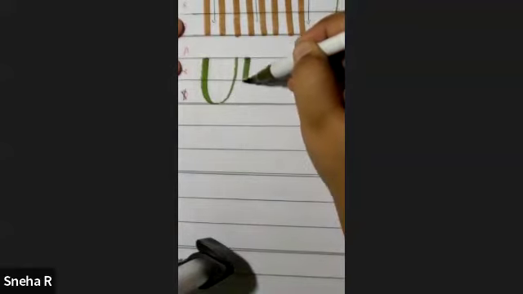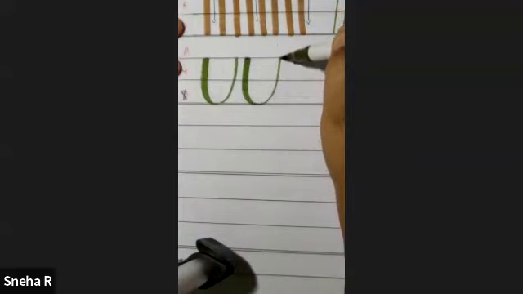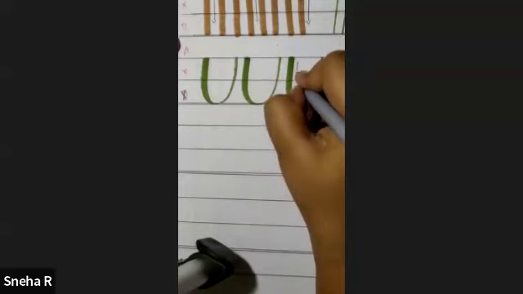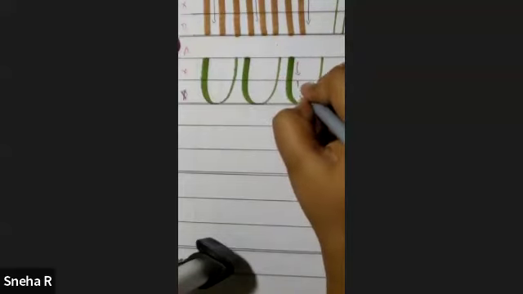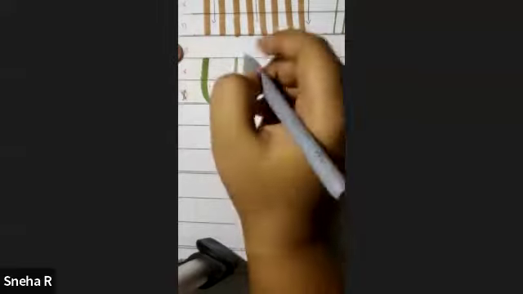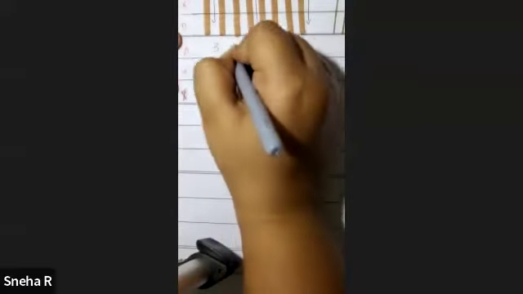Full pressure, gradual decrease in pressure, no pressure, stop. Understood? This is underturn.